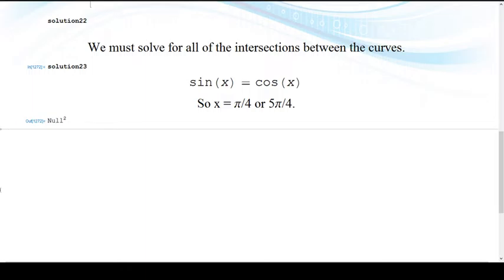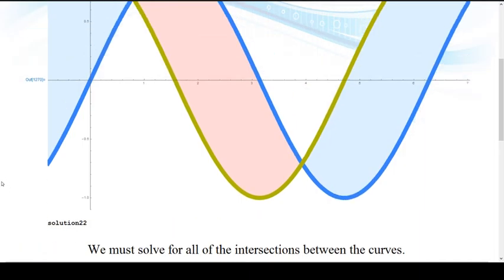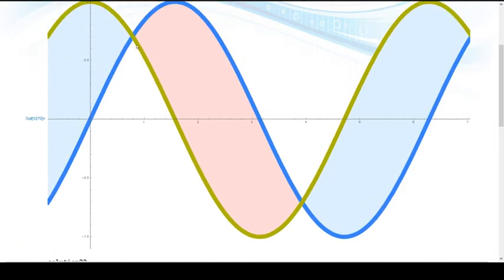And we know that the only places where this occurs on our interval are at pi over 4 and 5 pi over 4. And just for confirmation, we look at the graph, we notice pi over 4 and 5 pi over 4.